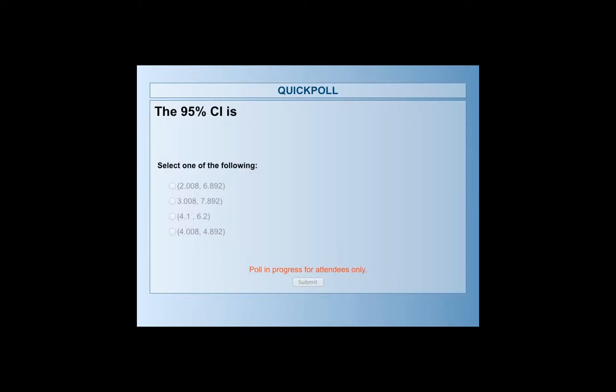Oh, I think I made a mistake there. 1.6 divided by 8, that should be 0.2. And this should be 0.2. Okay, so I'm going to close out the poll.